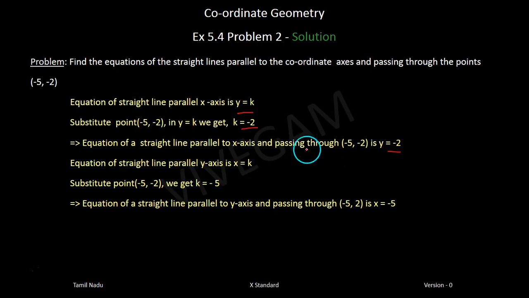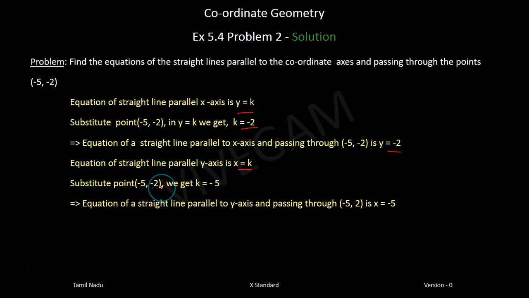Right? Next, the same way, any line parallel to the y-axis is x equal to k. We need to calculate the value of k. K is unknown here. To do that, we substitute this point -5, -2. As I said earlier, in this case, -2 is of no value because there is no y term in the equation.